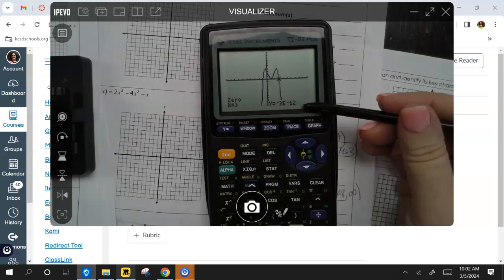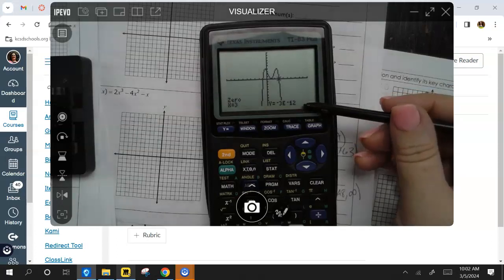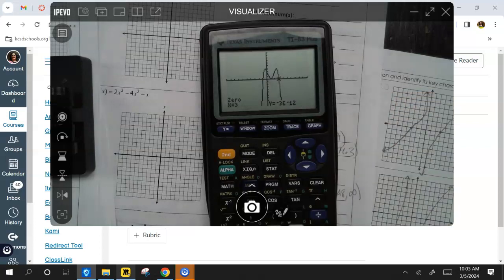Notice how my calculator did it again with the E. That's okay. That's just a calculator error, I guess. So 3, 0.